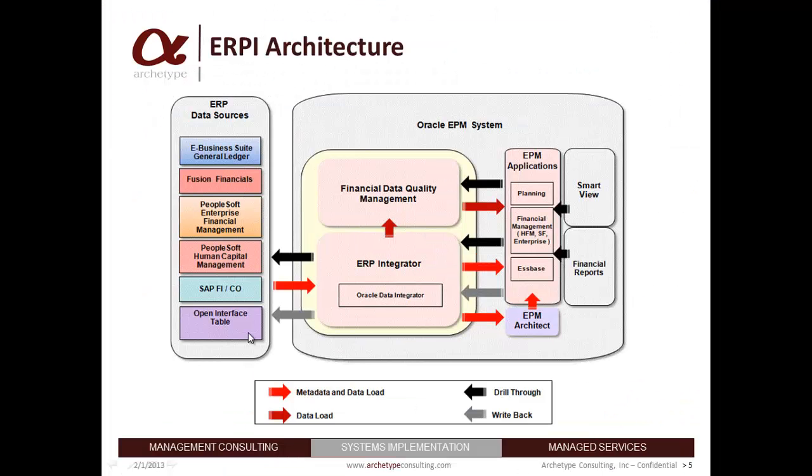If we go back to the architecture page here, basically in each one of these data sources, ERPI is referencing more than one table. It's referencing several tables. So, for example, in Condé Nast, we did PeopleSoft. And on the PeopleSoft side, I think ERPI references somewhere between 20 and 30 tables. Now, most of those tables you would only need read access.